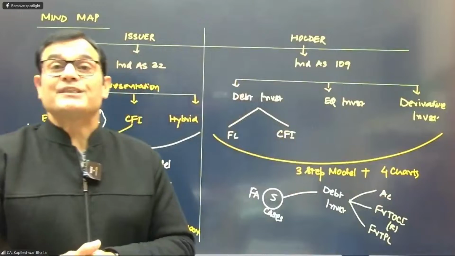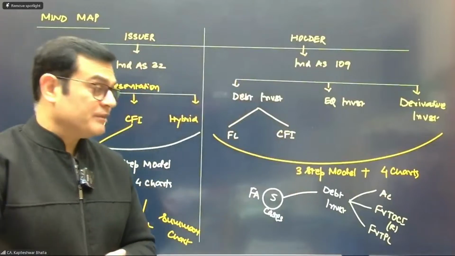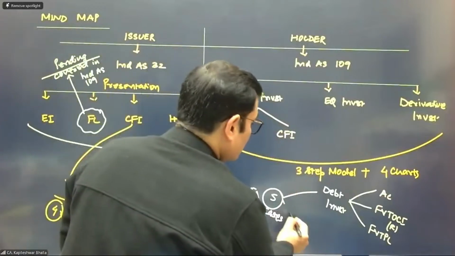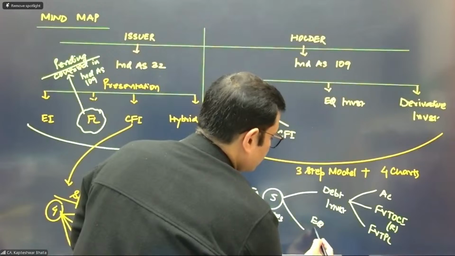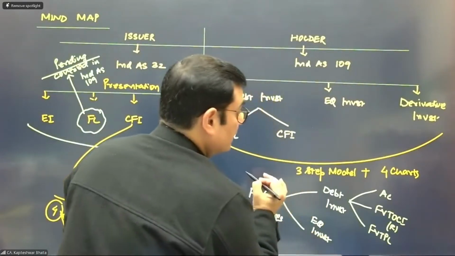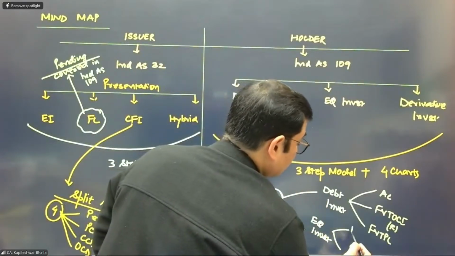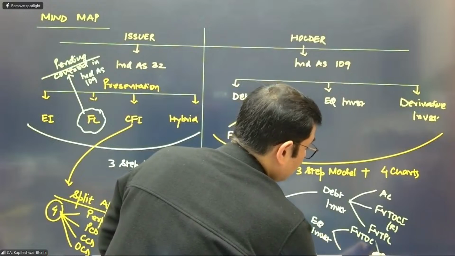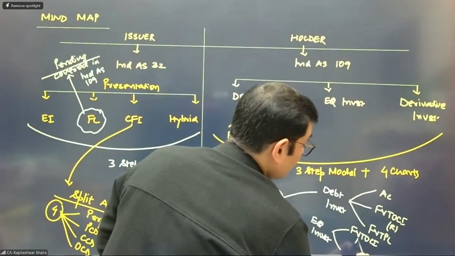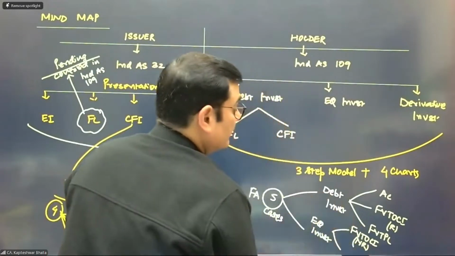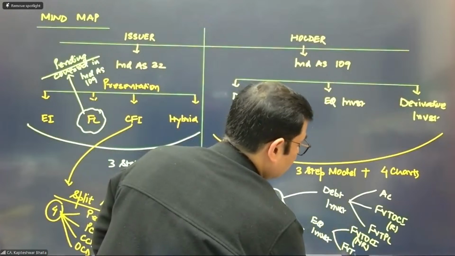So we did these 3 cases for debt investments, and I also covered equity investments. For equity investments, we've got 2 categories: FVTOCI, which is always a case of NR for equity investments, and FVTPL as well.